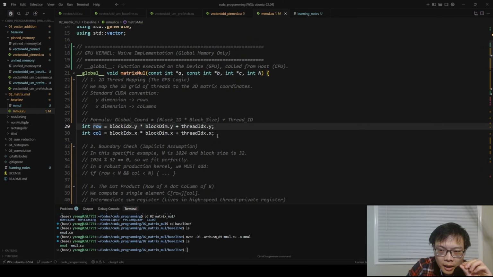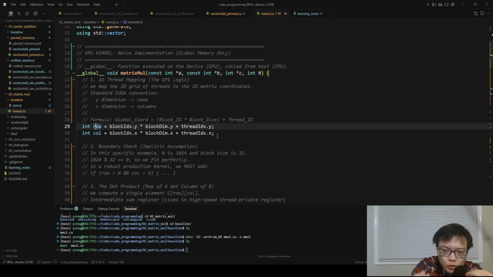However, computer memory is 1D. It is just a long tape of bytes. C++ and CUDA use row major layout. This means consecutive elements of a row are stored next to each other in memory. That's very important.